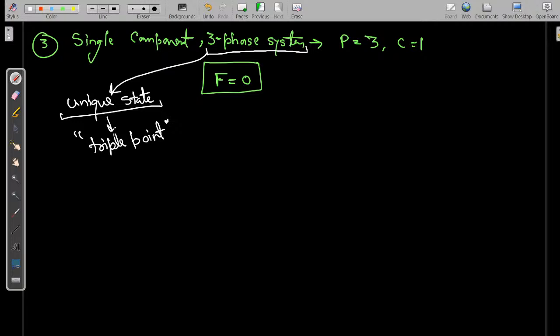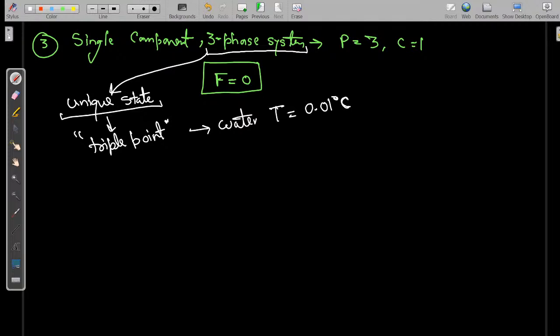For example, if I am talking about water, then at temperature 0.01 degrees Celsius only the triple point of water will exist. So I don't need to say what the temperature will be. If I am saying the triple point of water, then the temperature is already fixed. It will be 0.01 degrees Celsius. On the earth, if I am saying the triple point of water, then the pressure is already fixed, 0.61 kilopascal.